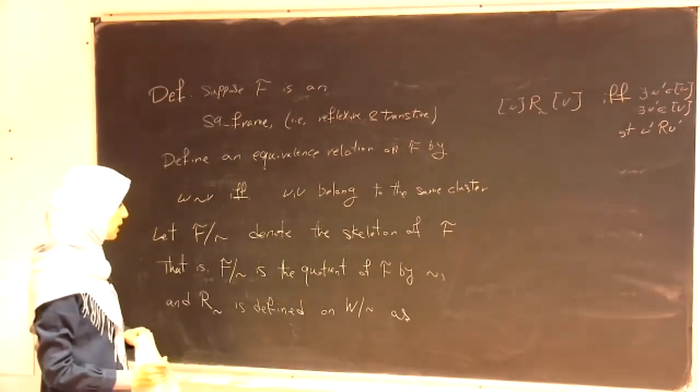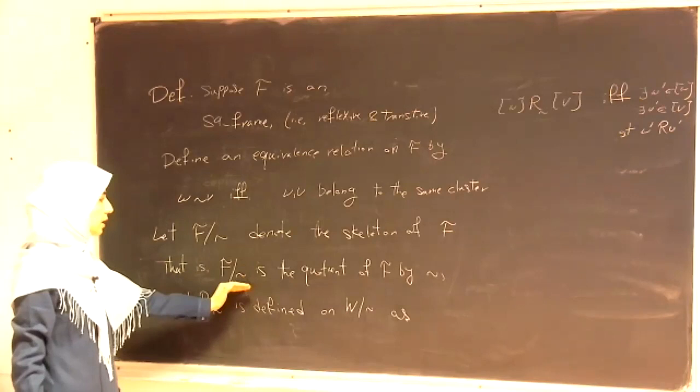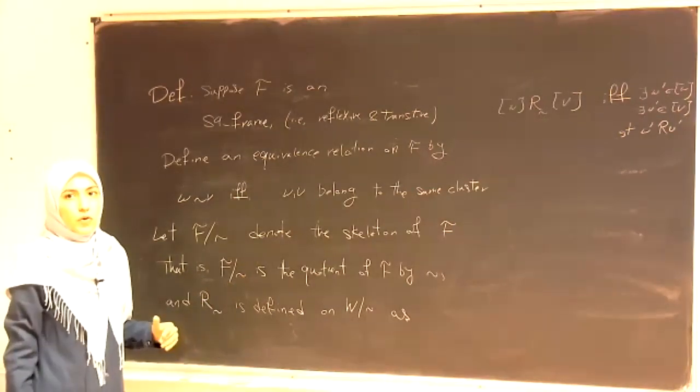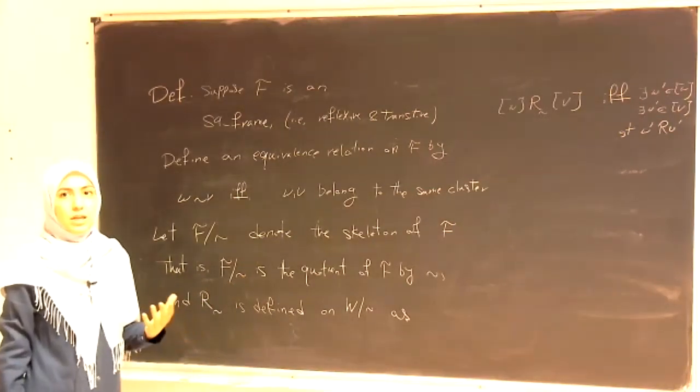Then we can see that F over this equivalence relation forms a structure which is like a tree.